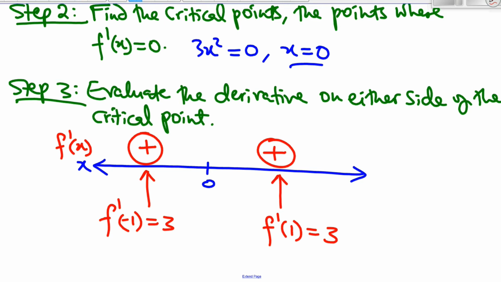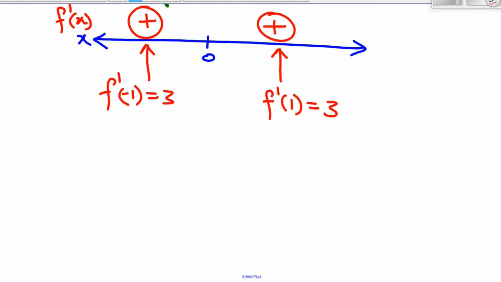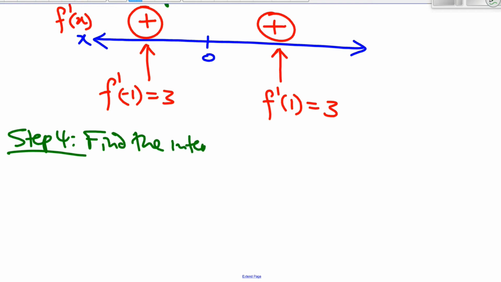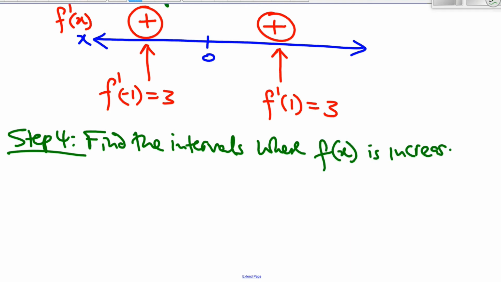So step 4, we need to find the intervals where f of x is increasing, because as you can see, the function is not decreasing. The signs are all positive.